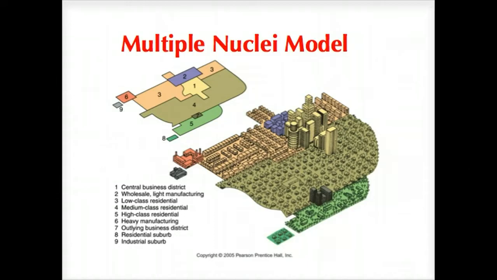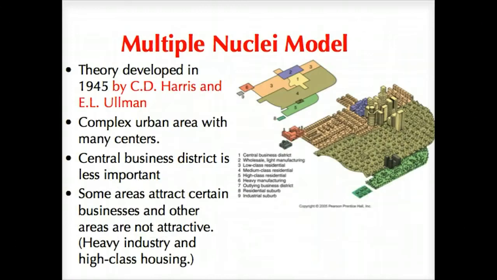Basically, what you have are small pocket areas that surround various elements that we've highlighted before, but not in a concentric way or even in a sector way. It's more complex, more varied, and it can vary from city to city what might define those areas.